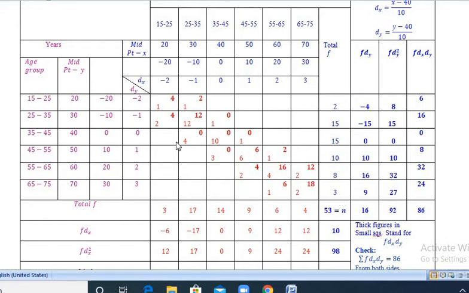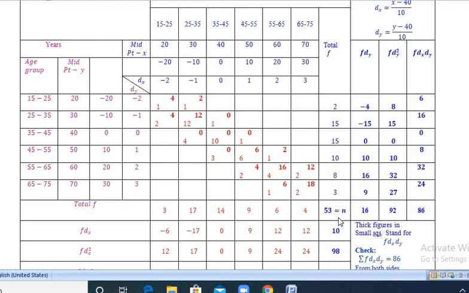And along the vertical, the sum of the frequencies 1, 2 is 3, and 1, 12, 4 its sum is 17, then 1, 10, 3 its sum is 14, and then 1, 6, 2 its sum is 9, and 1, 4, 1 its sum is 6. And lastly, the sum of 2 plus 2 is 4. The sum of all these values of f is 53 along the horizontal and also along the vertical. Their sum is also 53.